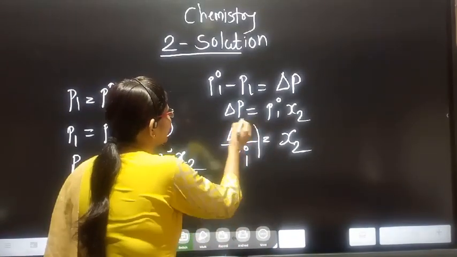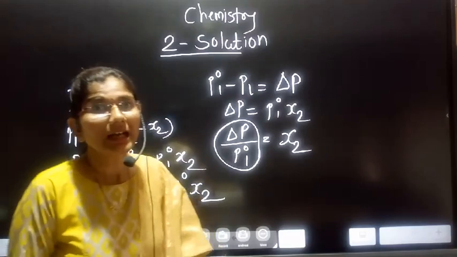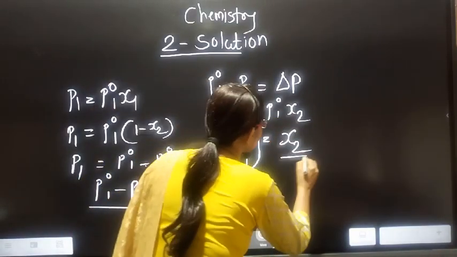That means this is the relative lowering of vapor pressure, and it depends on the X2.